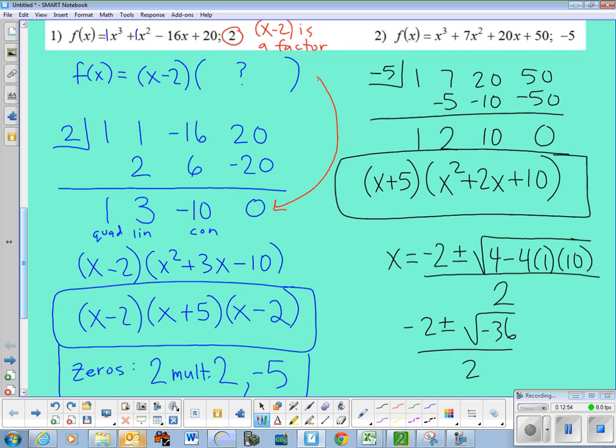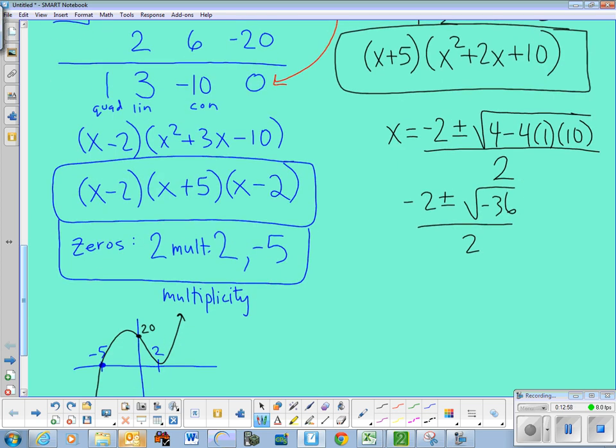So that's at least a perfect square number if it's going to be imaginary. So we have -2 plus or minus 6i over 2. And since 2 goes into all three of those numbers, -1 plus or minus 3i.